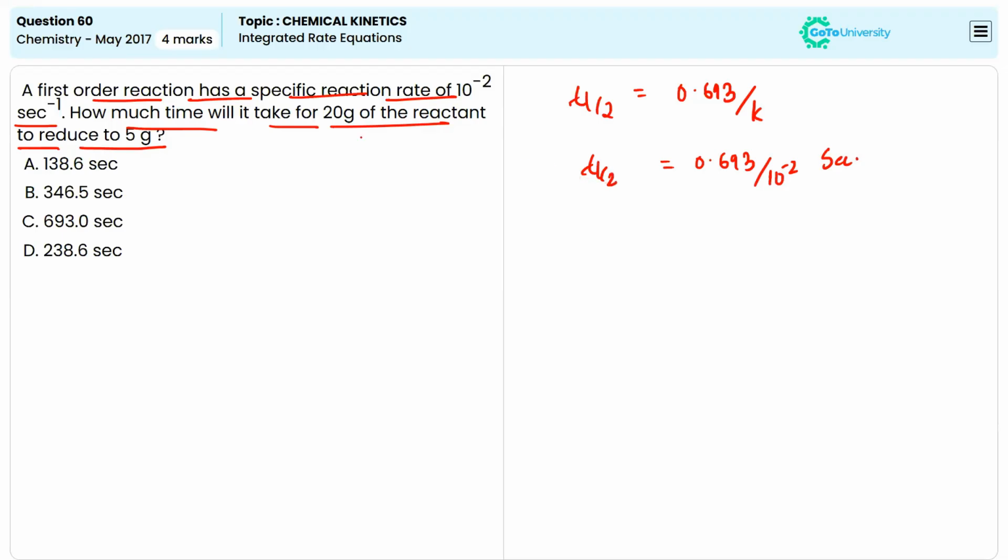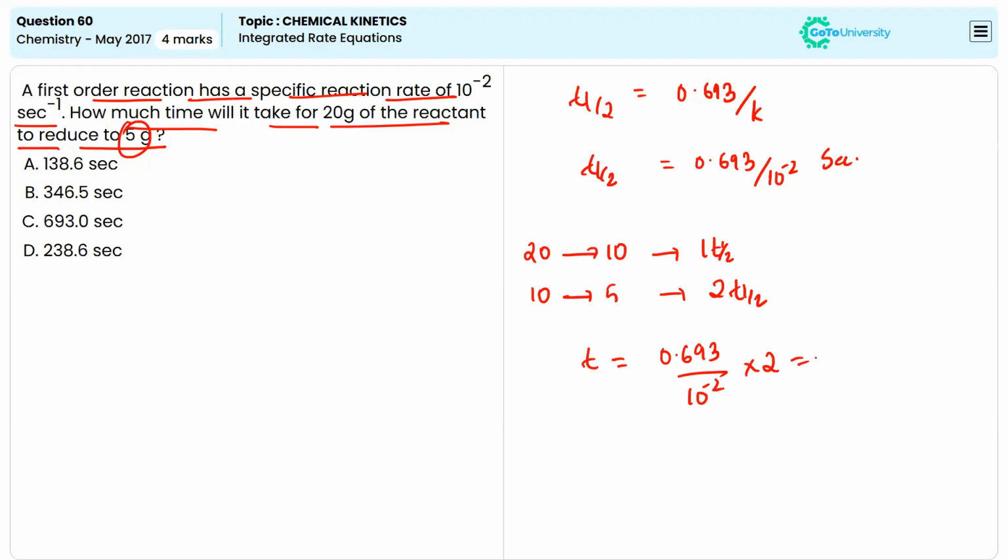Now, for the reduction of 20 grams of the reactant to 10 grams, we need one half life, because we are reducing to 5 gram. So we are considering from 20 to 10 first. So it will take 1 t half, right? In order to convert from 10 to 5, it will take another t half, so 2 t halves in total. So the time required for the conversion will be 0.693 by 10 to the power minus 2 times 2, that is 138.6 seconds.